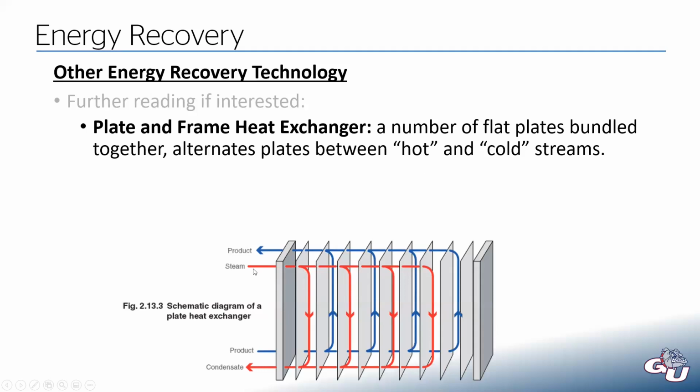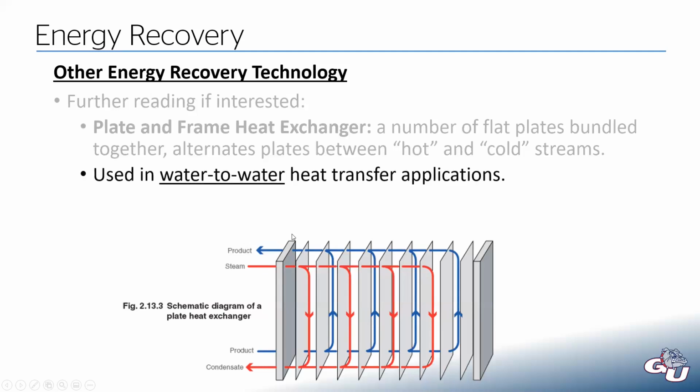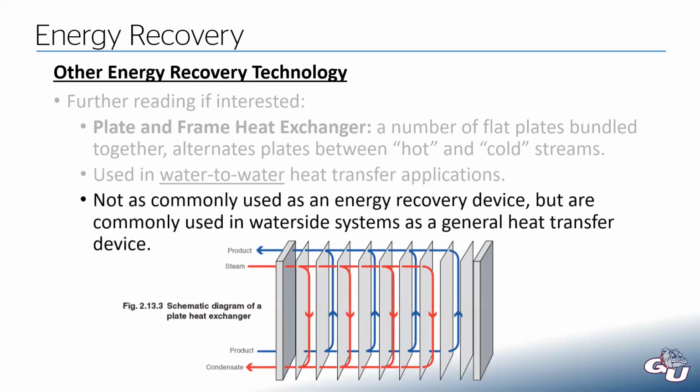So we can see, in this case, we're sending in steam as our hot product, and then we're sending in some unnamed other fluid in on the cold side. The cold side is going to heat up as it goes through these plates and then come out the other side warmer. So this would only be used in water to water heat transfer applications. It's not super common to use this as an energy recovery device.